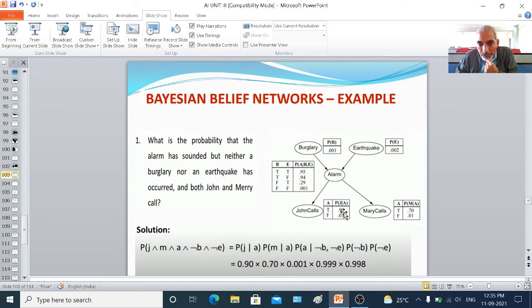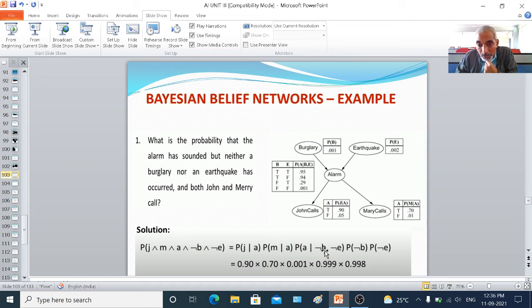What is the probability given for us? 0.90. So you take this probability 0.90. The next one, probability of M given A, is 0.70. Take it.